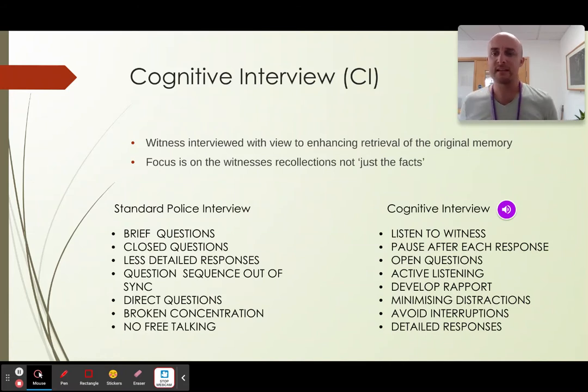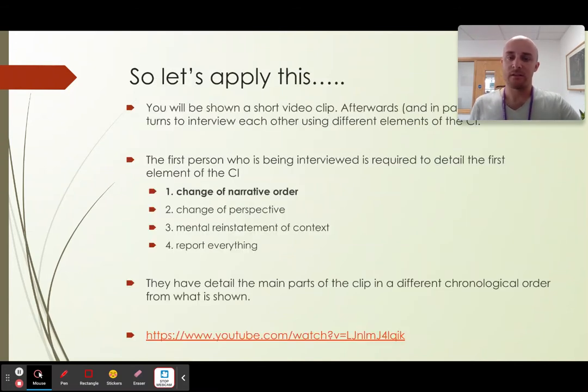A lot more techniques, a lot more skill, a lot more training needs to go into the cognitive interview. So that's one thing. I'm going to go through the four main elements of the cognitive interview, and I will cover this briefly in class as well.